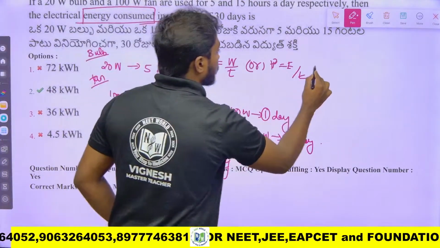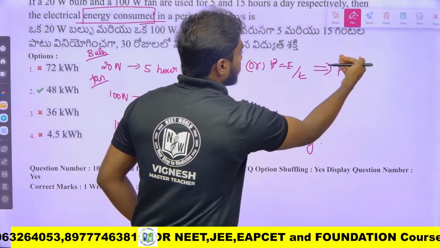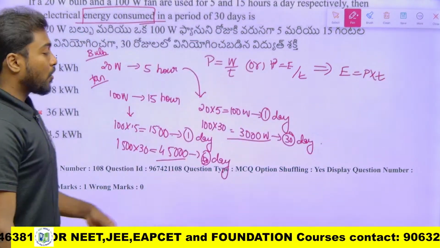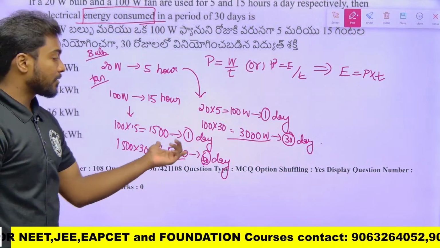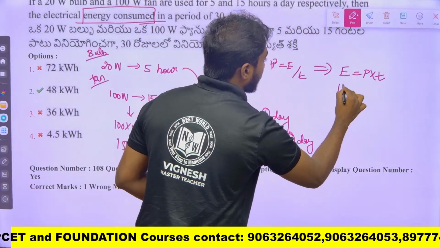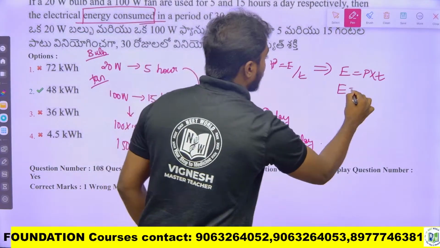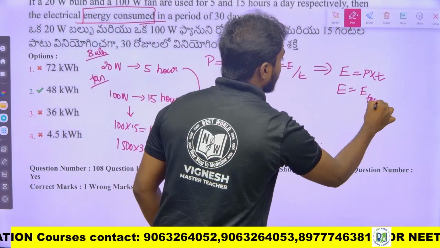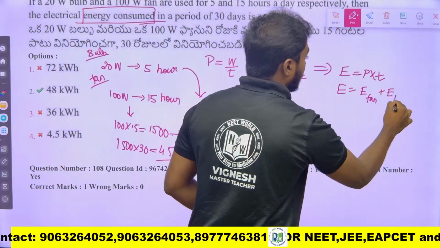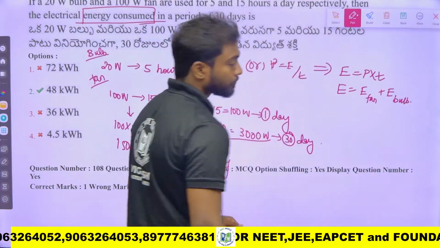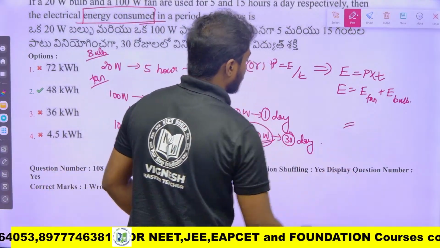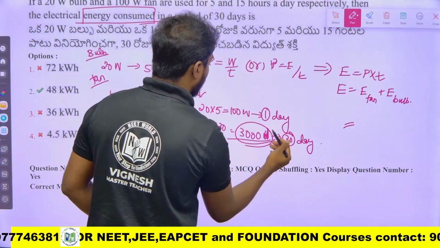So, energy can be written as energy is equals to power into time. Okay, how much time also we calculate? So, 30 days. So, power also has been calculated, no. So, power into time we have calculated. So, energy consumed is equals to energy of fan, right, plus energy of bulb. Am I correct? So, how much energy? Watt into time.